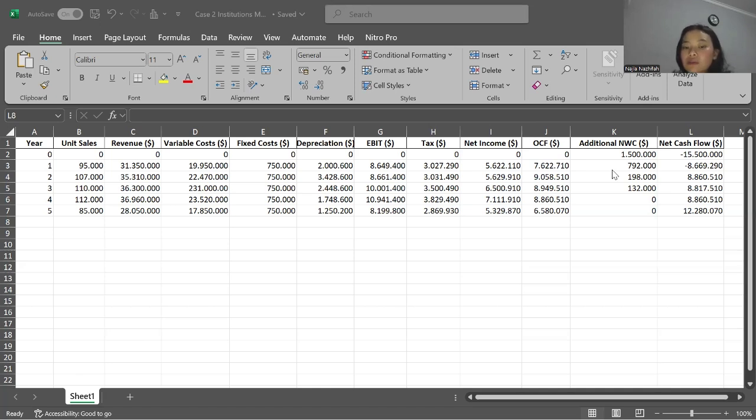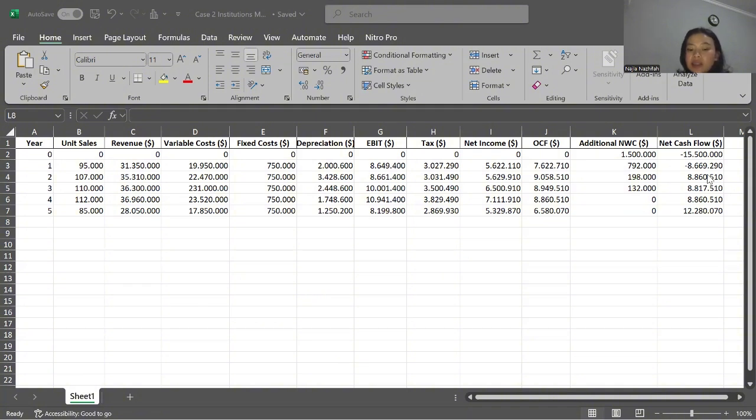Net cash flow we got from operating cash flow minus additional working capital. 7,622,710 minus 792,000. We get $6,830,710.